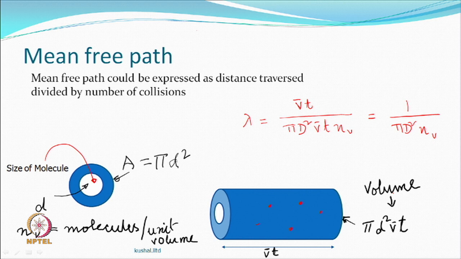So, as we said, the area assumed is a virtual pipe in which there may be so many molecules, and they would go from one end to another end, let us say, of the pipe. In between, they would probably collide with many other molecules also.